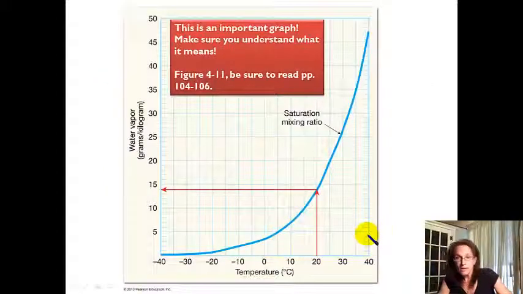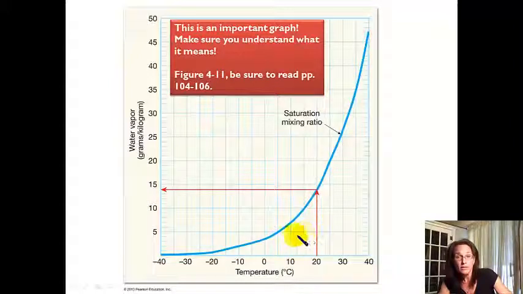So let's say we've got an air mass that's at 40 degrees Celsius and it has 5 grams per kilogram of dry air. If we want to move that air mass to saturation, what we have to do is start to cool it, right? So we're right here, we're at 5, and we have to cool it. We haven't changed the amount of water vapor in the air mass.